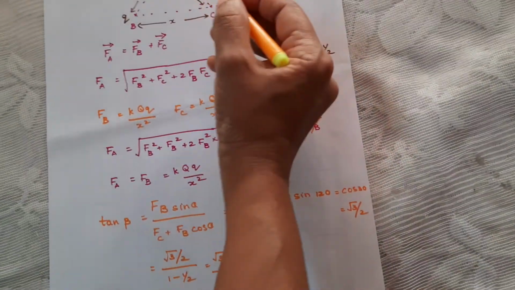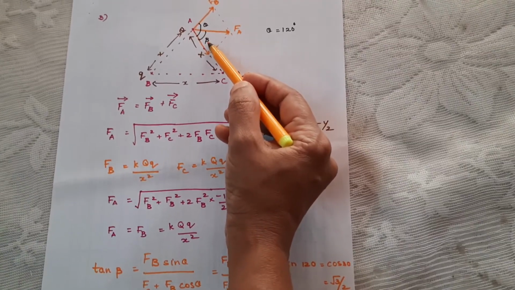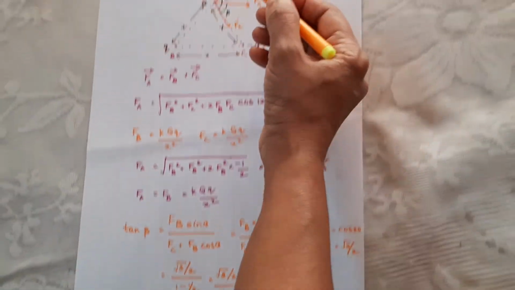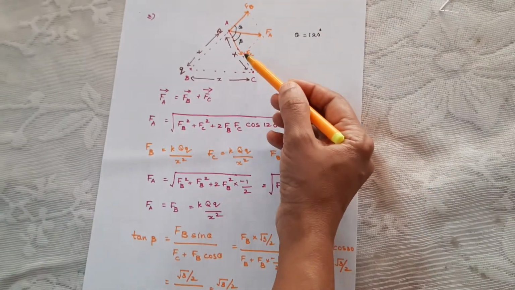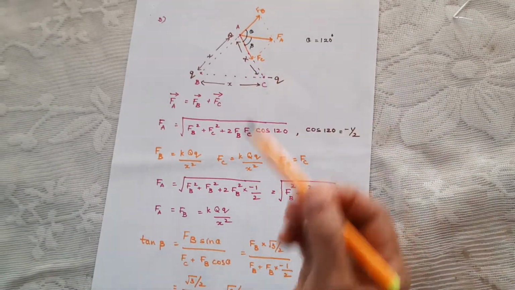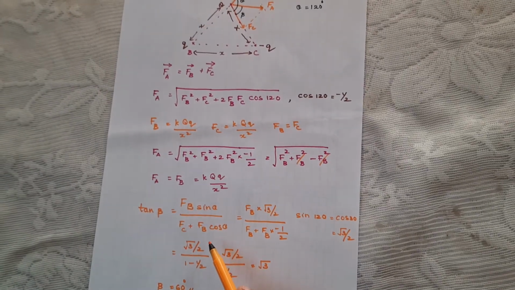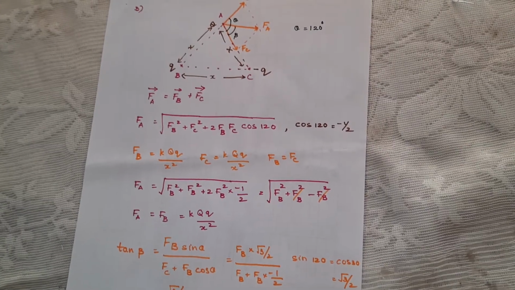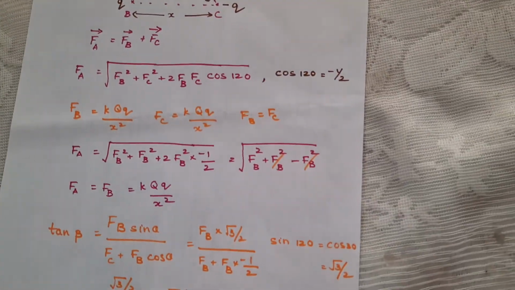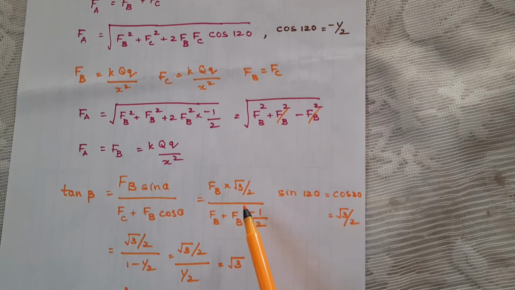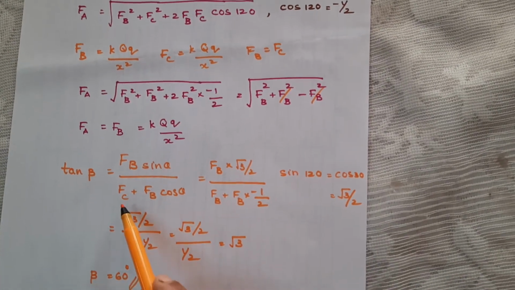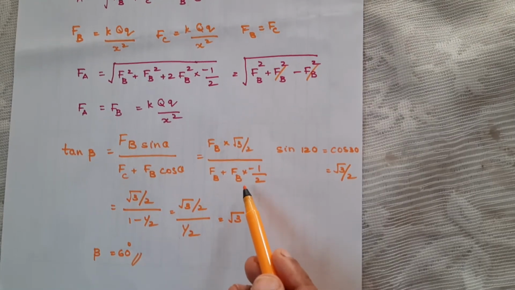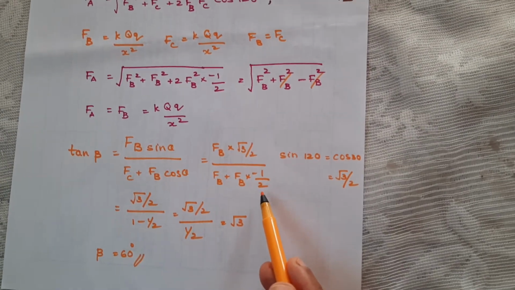The direction of the resultant force is given by the angle beta. So tan beta is equal to Fb sin theta by Fc plus Fb cos theta. Sin 120 is root 3 by 2. So Fb into root 3 by 2 by Fc is equal to Fb, so Fb plus Fb into minus half.